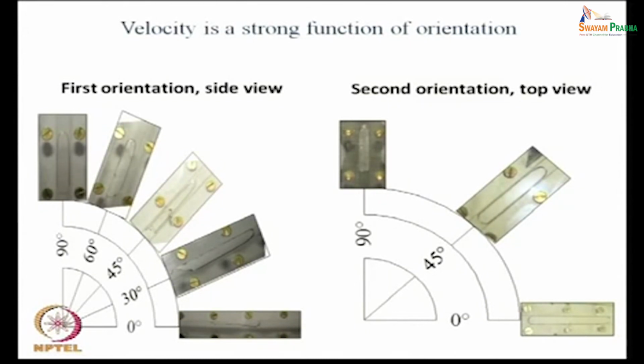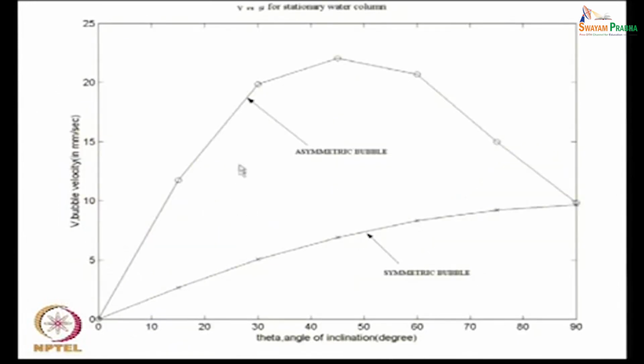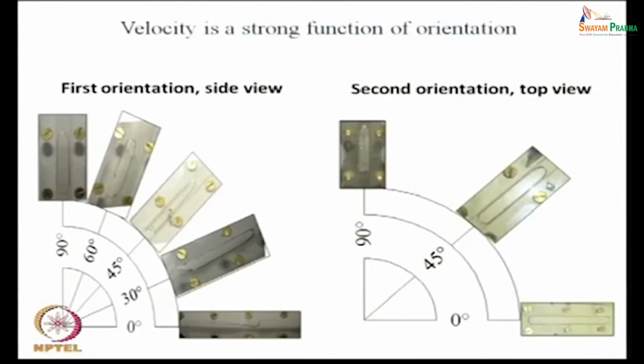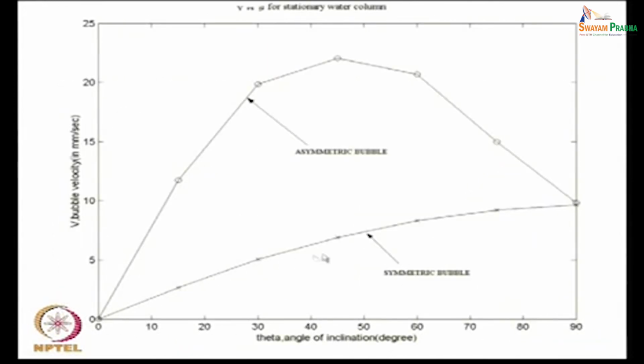The shape factor was very important in the first case, and due to it we obtained an increase and then a decrease in rise velocity. In this case the shape factor does not come in, and therefore it is only gravity which governs the rise velocity, so the rise velocity keeps on increasing with inclination. Finally, in the vertical orientation it is the maximum. This was one other thing we found out.